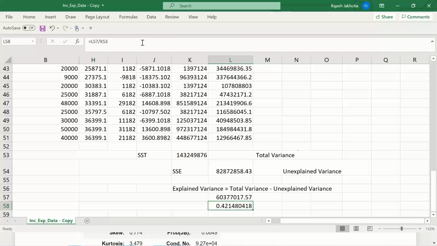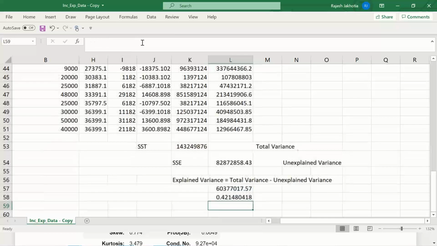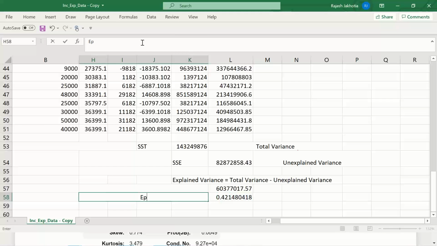And if this is how I do it, I can take a percentage of this with respect to this, and it will be the explained component of the total variance.